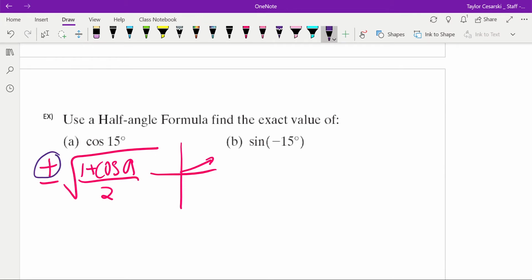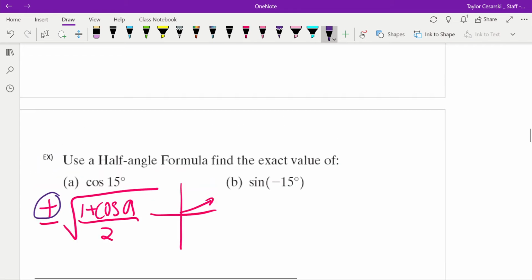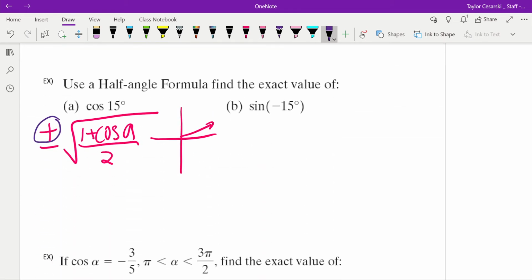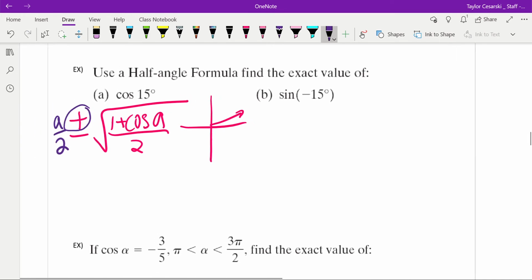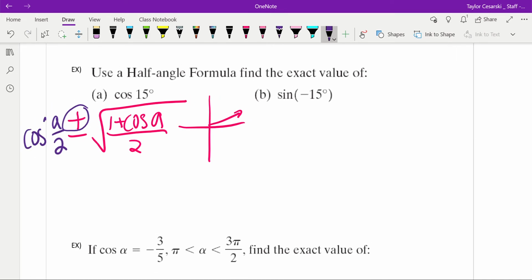So next, the A, remember, stands for what you are dividing by 2. So cosine of A divided by 2, okay? So what are you dividing by 2? Well, 30 divided by 2 equals 15, okay? Because it has to be something that you can actually take the cosine of.